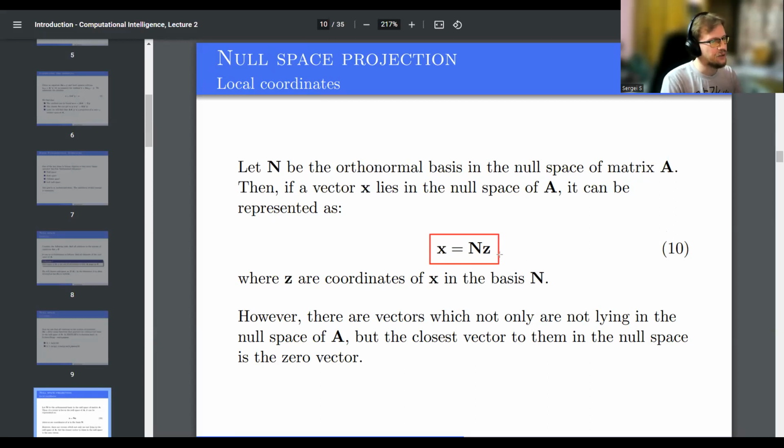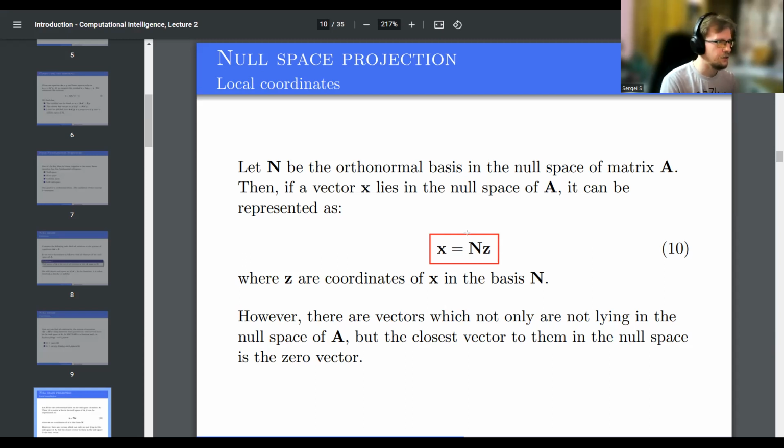That is how a vector can be represented if it lies in the null space, where z are coordinates of x in the basis N. You can prove it, of course. I will leave it to you to think about it. Somewhere in this lecture we'll have examples of how to prove those kinds of things. But if you're curious, just try to prove it. Your knowledge is definitely sufficient to do it.